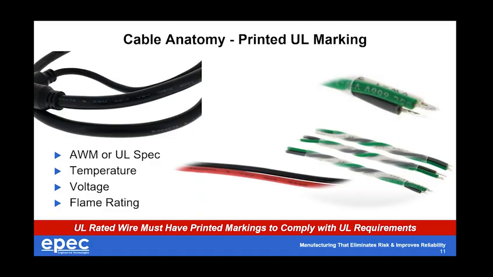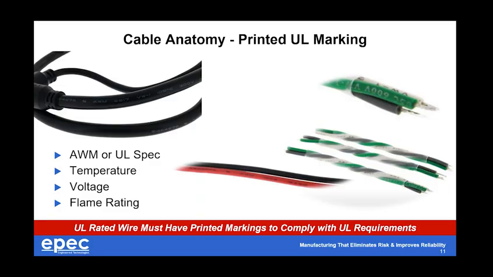It's important to note what's printed on here is not necessarily the max requirement or condition that that wire can survive. And what I mean by that is, in this example here, this wire is rated for 300 volts. Does that mean it's going to fail at 350 volts, 400 volts?